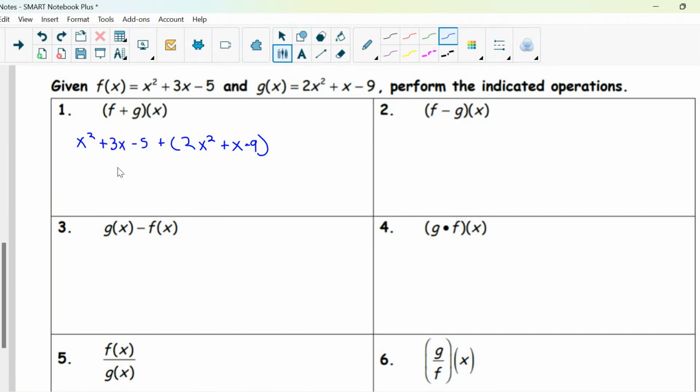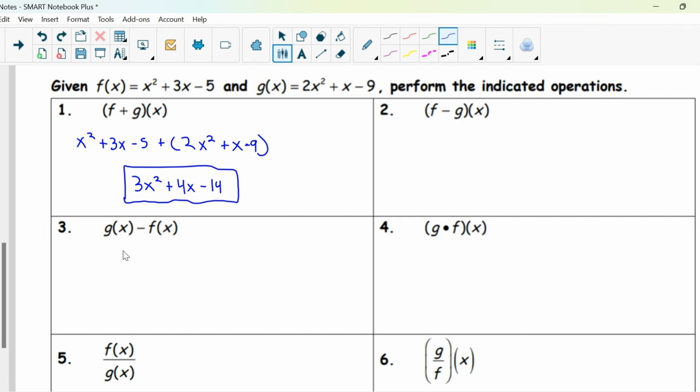So now all we need to do is combine like terms. So x squared plus 2x squared gives us 3x squared. 3x plus x gives us 4x. -5 plus -9 gives us -14. And that right there is our simplest form.